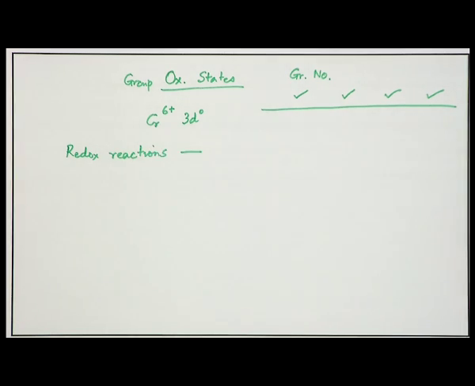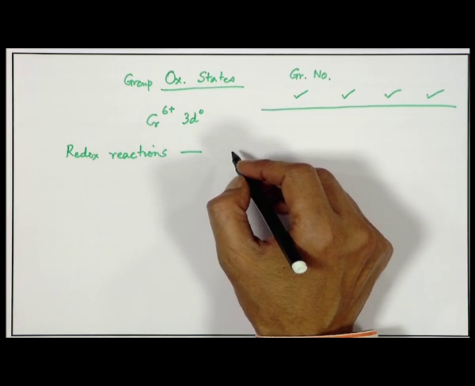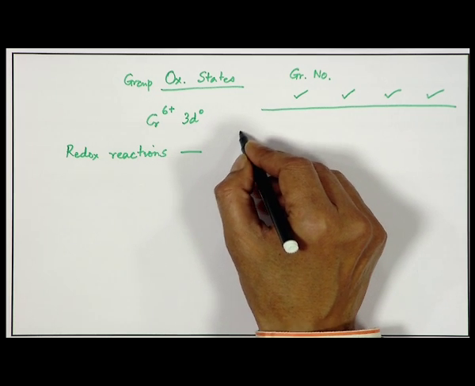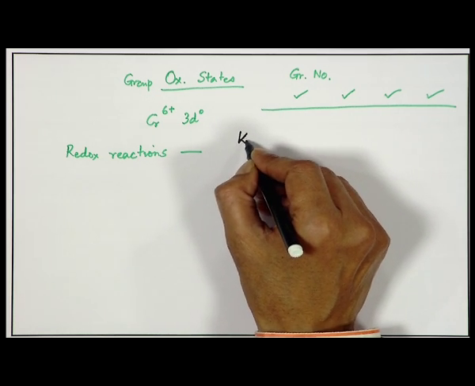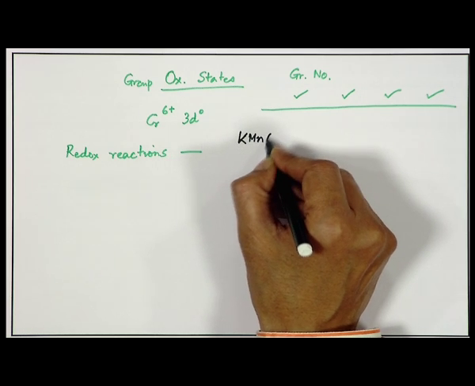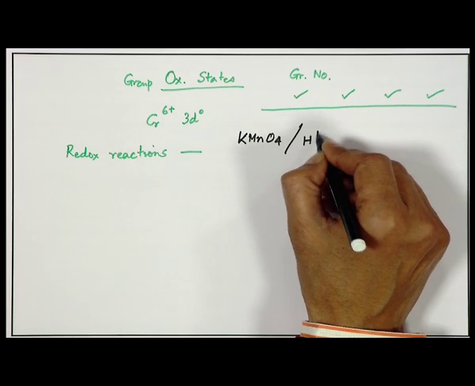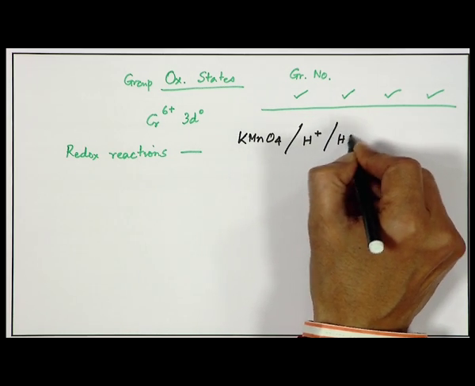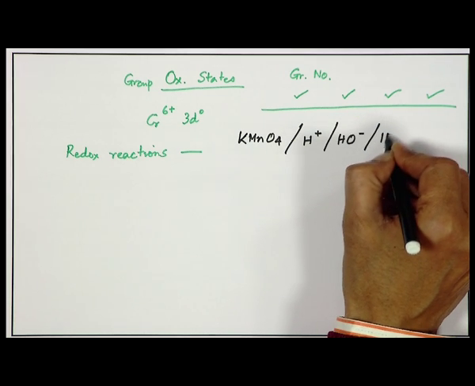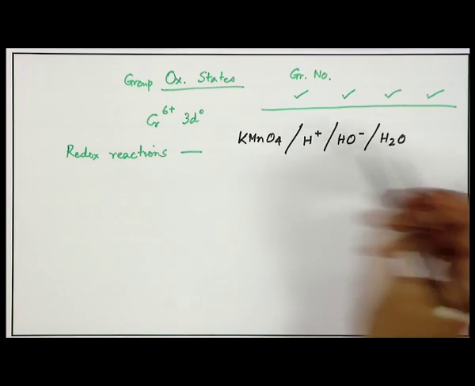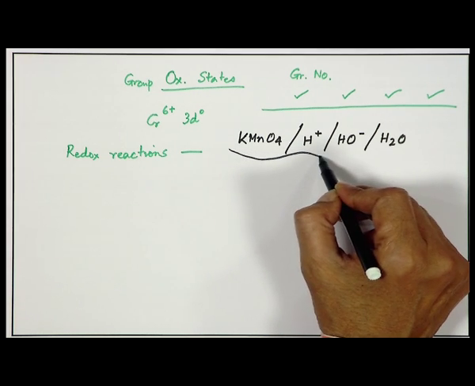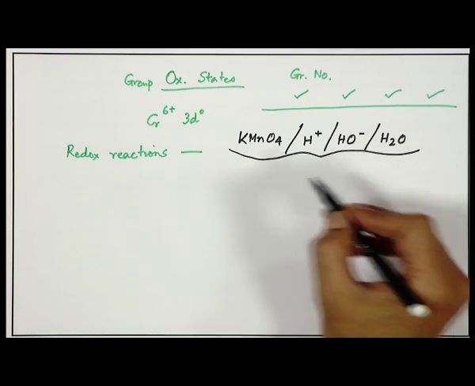So, when we see manganese in the different redox reactions, we are slowly moving to the ionic reactions. If we compare the corresponding properties of KMnO4 in solution, whether in acid medium, basic medium or neutral condition, whatever solution we are handling is important for the electron transfer reactions.